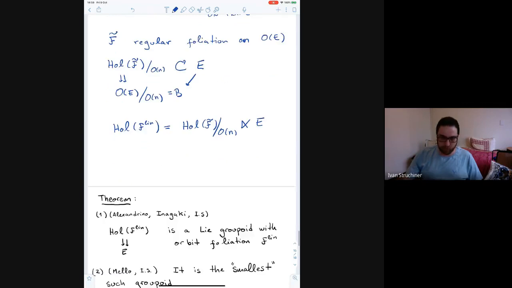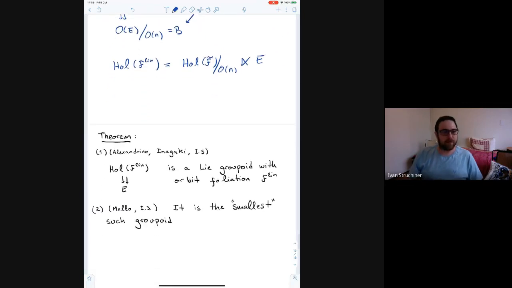It's an action groupoid by linear action. And the theorem is that this is a Lie groupoid whose orbit foliation is the linearized foliation. And something I proved after we wrote this with Mateus is that this is actually the smallest possible such groupoid. So it really is like the holonomy groupoid of a regular foliation.